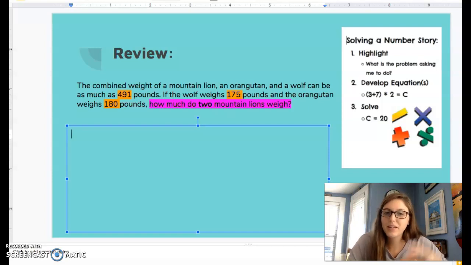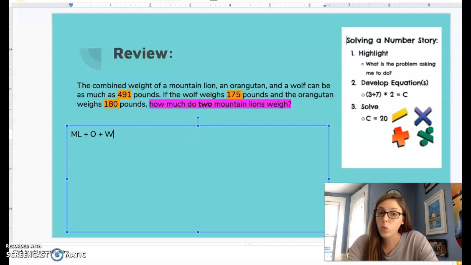Welcome back. Okay, let's walk through this problem together. So I highlighted the important things I needed to know in this story problem. The combined weight of the mountain lion, an orangutan, and a wolf can be as much as 491 pounds. So mountain lion plus orangutan plus wolf equals 491 pounds.